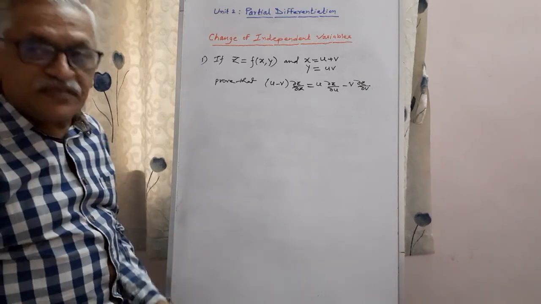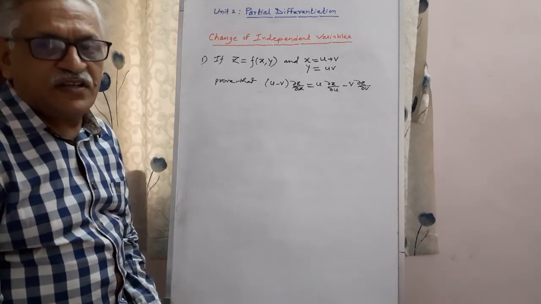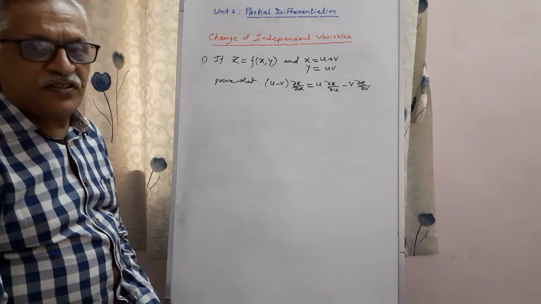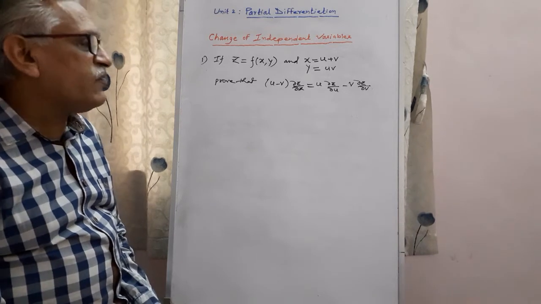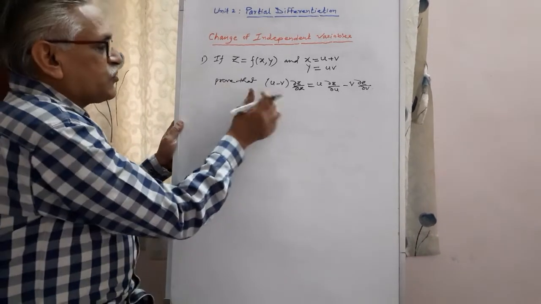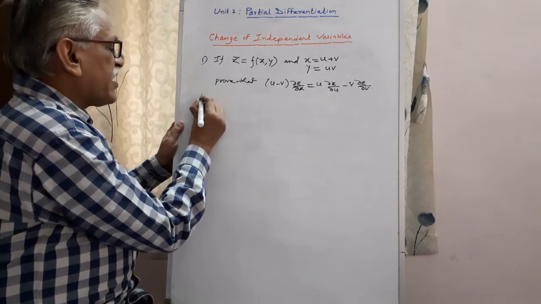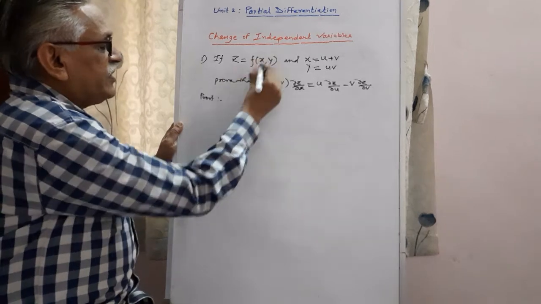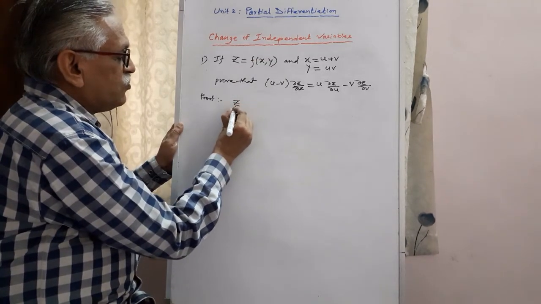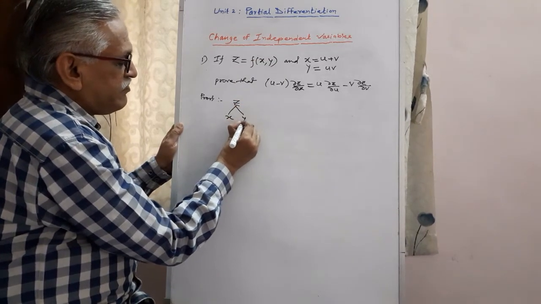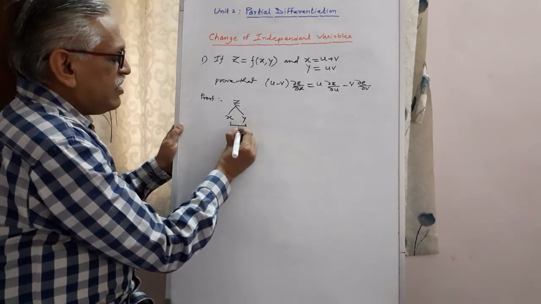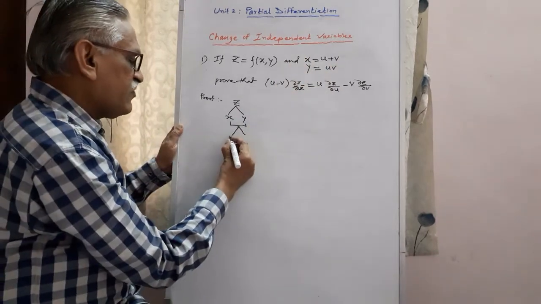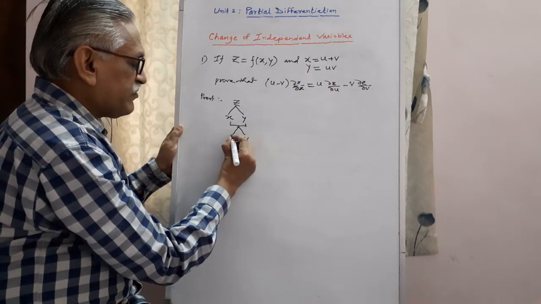Nowhere is it mentioned that it is a problem for change of independent variable. We have to identify it if it is a function of function with more than one variable. Therefore, to prove this result, we draw the tree diagram in the first step. Z is a function of two independent variables x and y, and these x and y are functions of two more variables u and v.